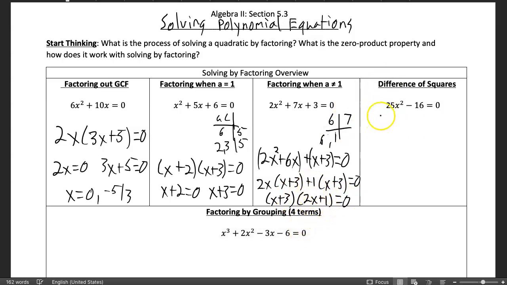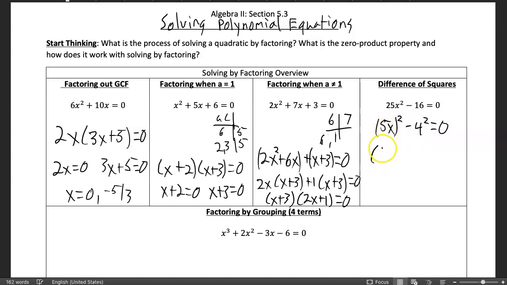Now we also looked at the difference of squares. And this one was a little bit more confusing, but first we have to figure out what the squares are here. 25x squared is just 5x squared, so we can say this whole first term is 5x squared minus, and 16 is 4 squared, and this is equal to 0. What we do now, we see we have two perfect squares here and no interior term.